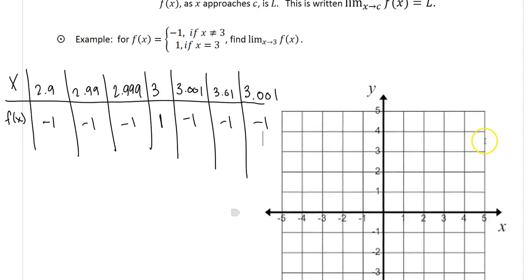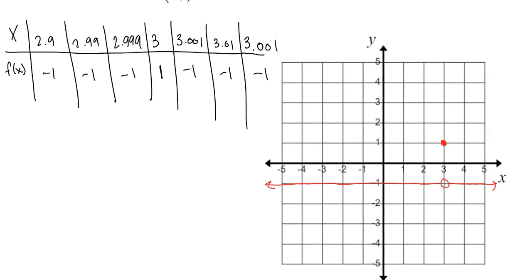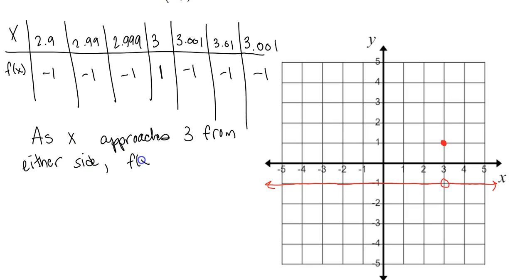So we'll see what that looks like graphically. Now you can see from the graph and the chart, as x approaches 3 from either side, f of x is arbitrarily close to y equals -1.